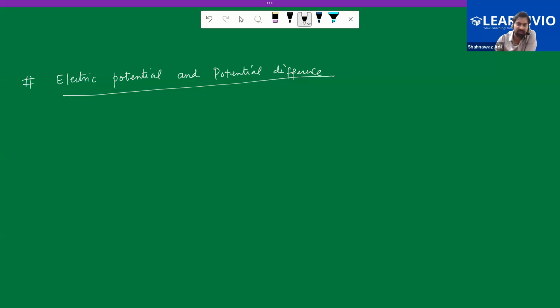Okay, so let me just recap or remind you guys that electric potential is denoted by V, and this is simply the work done in bringing a unit charge from infinity to a fixed point.